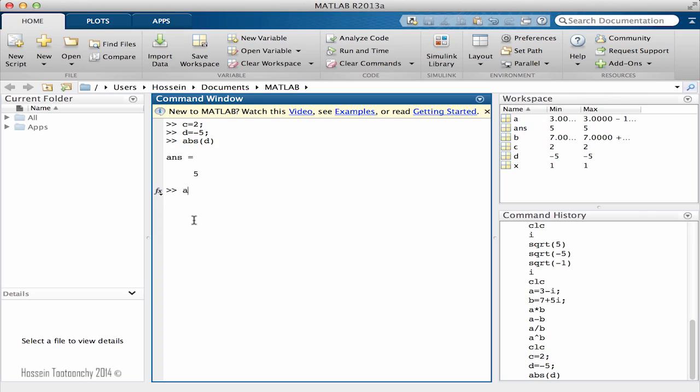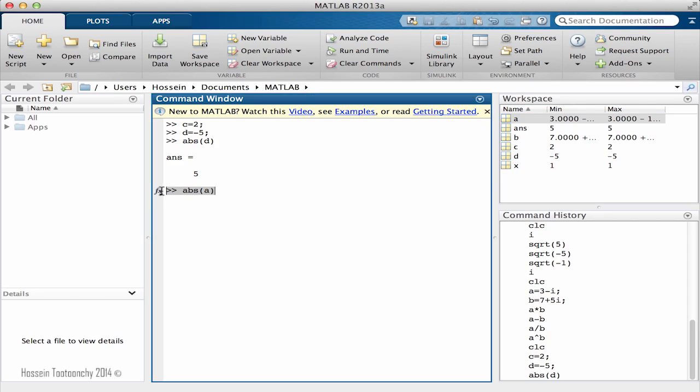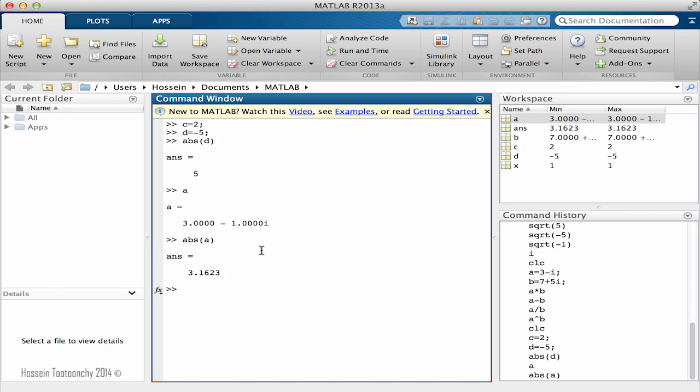But how about if we type abs of a? If you remember, a is a complex number. It has a value for the real part, and it has a value for the imaginary part. Let me type a first, so you know what we're dealing with. Then if I type abs of a, as you see, it just returns a single number.